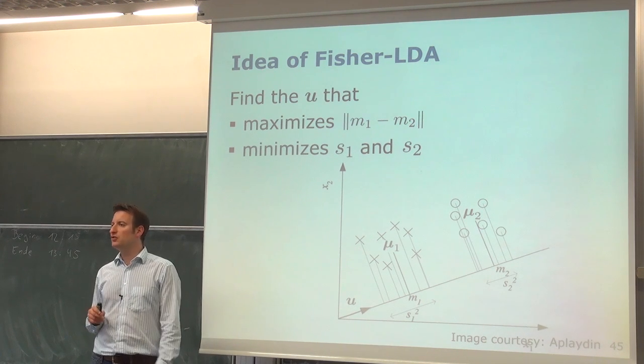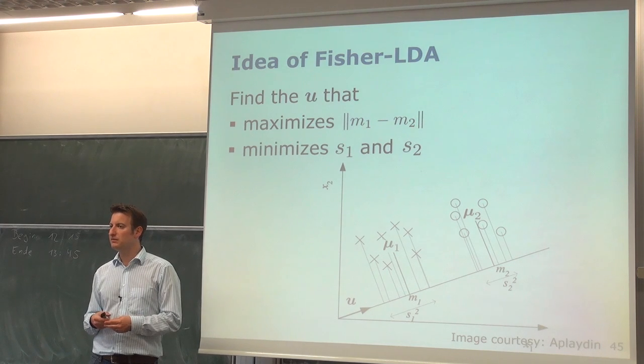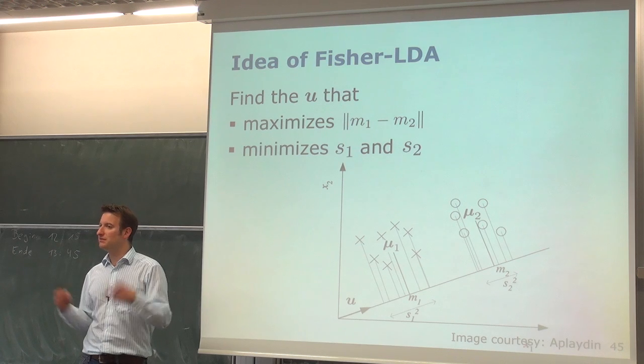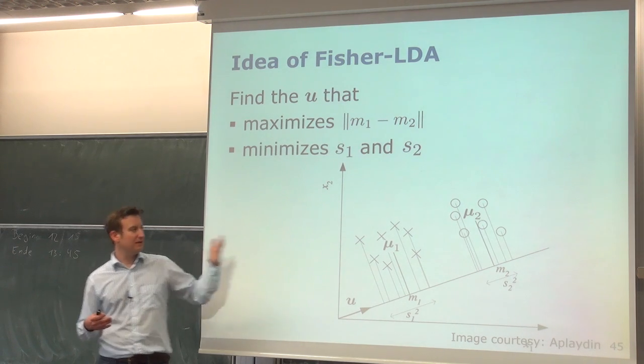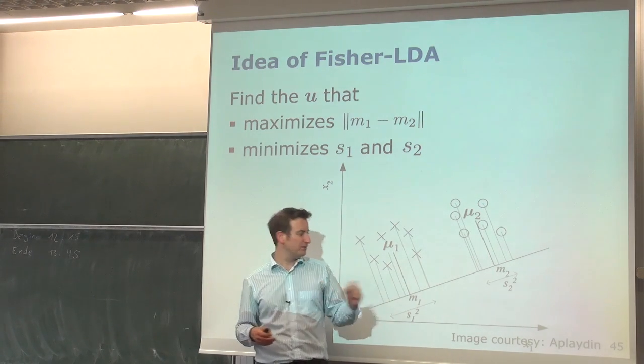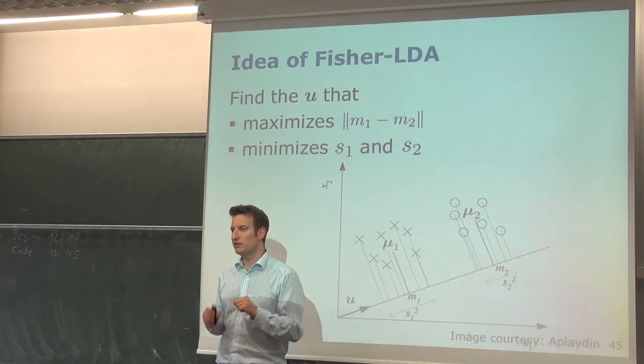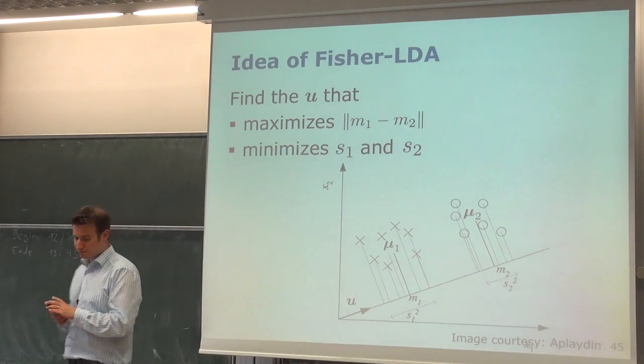And this U is then likely to allow me a good separation. Of course, maybe there is no dimensionality reduction which can achieve that. This can happen. But we want to find the one-dimensional, linear space so that this actually holds. This is our goal. That's what we want to achieve.